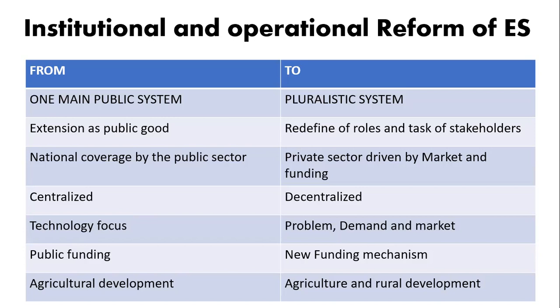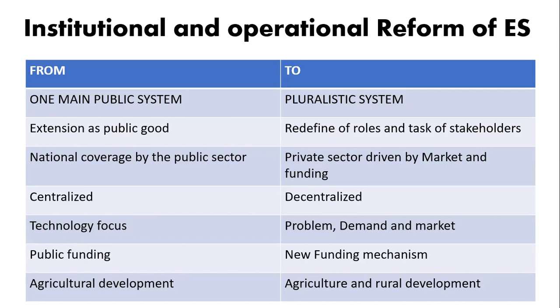And normally what we are doing in the end is agricultural development, but it should not be only agricultural development. It should be part of rural development, because 90% of some areas in Sri Lanka are rural community. So it is also part of rural development.